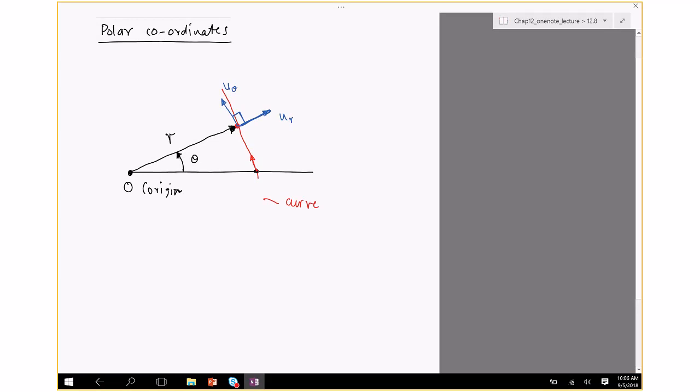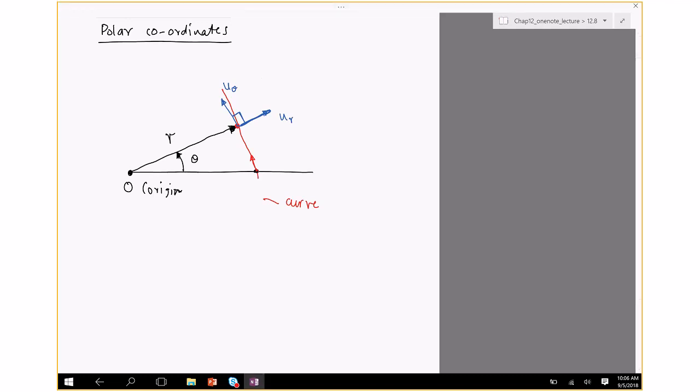Okay, the point I'm trying to make is u theta is not in the tangential direction. Okay, do not show it along the tangential direction. Now there are cases where u theta is along ut. Okay, like when things are going in a circle, yes, ut is u theta, but in general ut is not u theta.